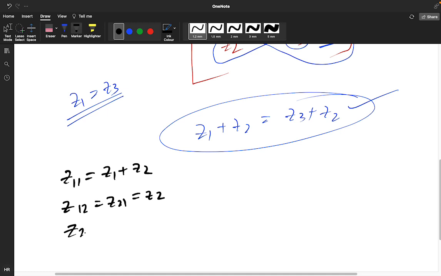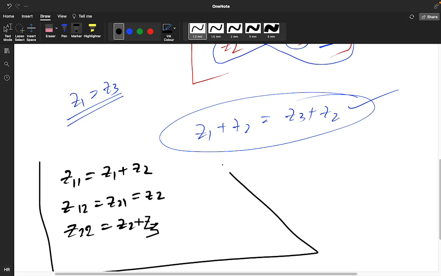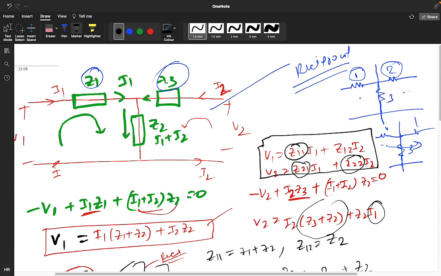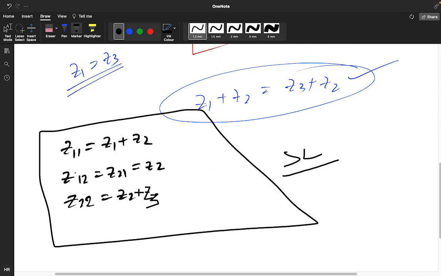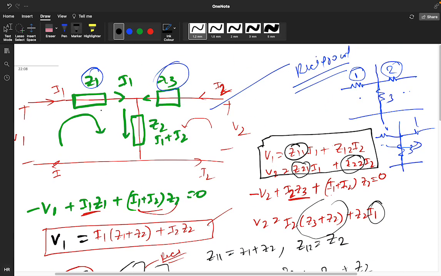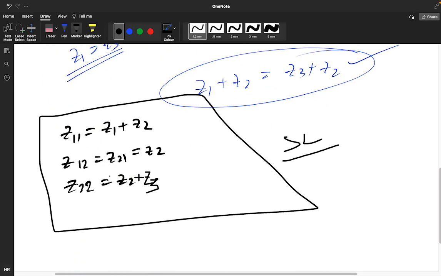And Z22 is equal to Z2 plus Z3. So this is a shortcut for a T network. If you are getting a network like this, you can directly find your Z11, Z12 and Z22 values by substituting in this form: Z1 plus Z2, Z2, and Z2 plus Z3.